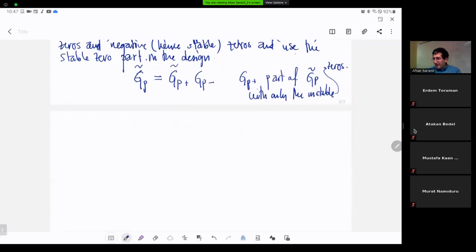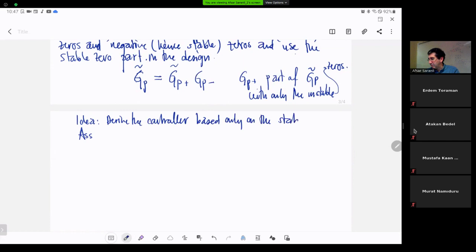The basic idea is to derive the controller based only on the stable zeros of the plant.